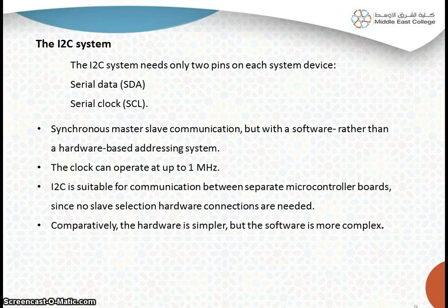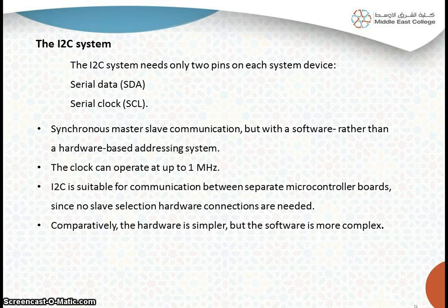In the case of the I2C system, which is a serial communication standard, it is only synchronous. Here the master and slaves are used for communication, where the master generates the clock and sends it to one of the slaves, which receives the clock and is addressed whenever the master is trying to communicate.